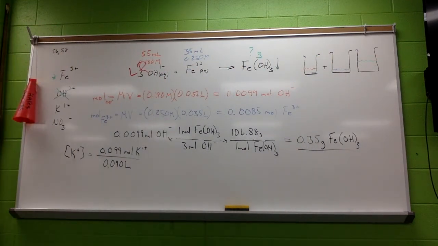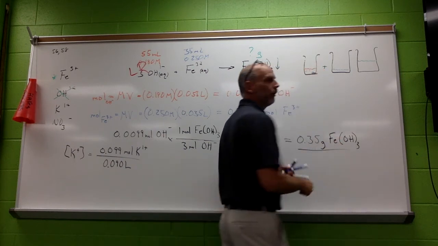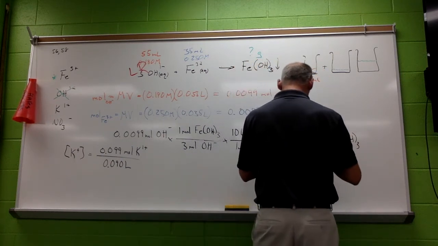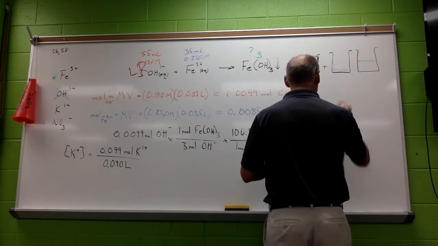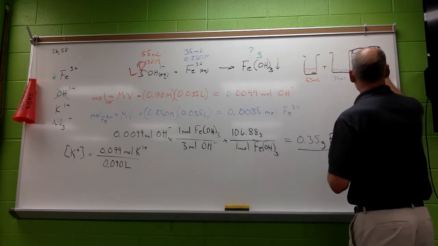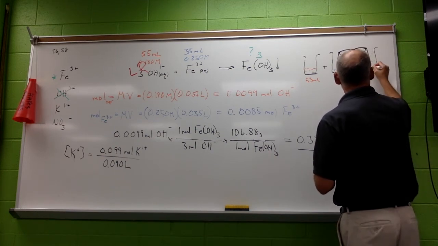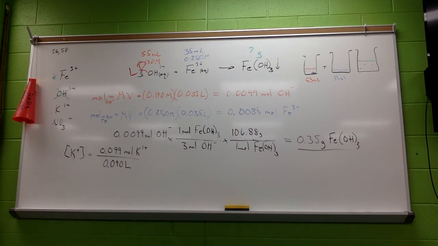Does this make any sense? We add the two together, right? So instead of these little things floating around in 55 milliliters, and these things floating around in 35 milliliters, they are now floating around in 90 milliliters. Would you agree?